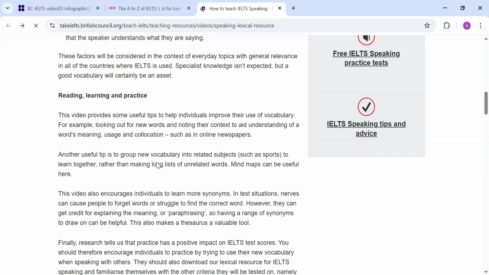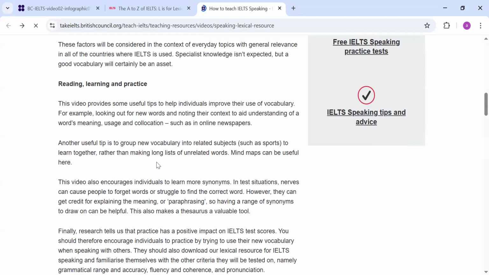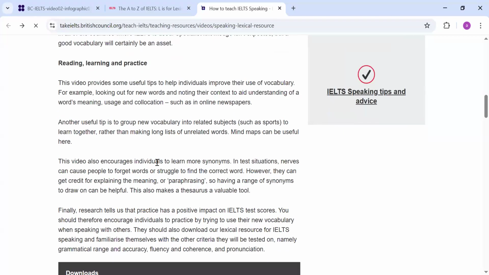When we speak, the other person has to correct our phrases and our sentences. I think it is a matter of practice. Yeah, just learning new vocabulary is not enough. We need to use it, and we will discuss the tip which is mentioned here.